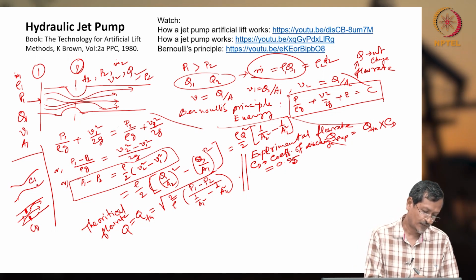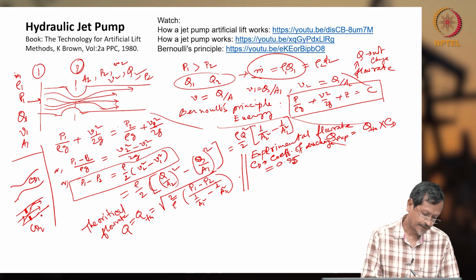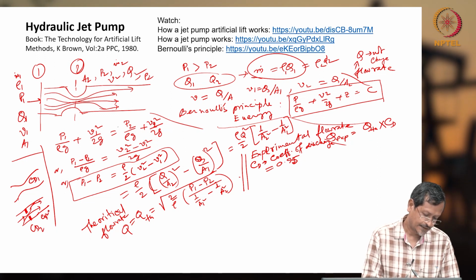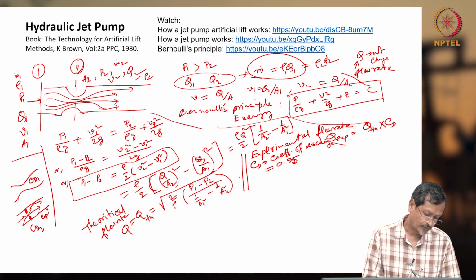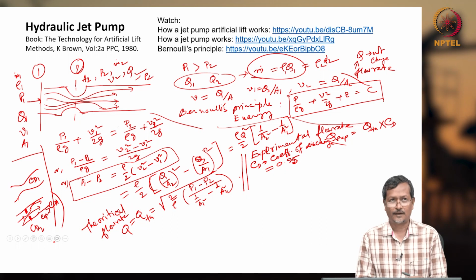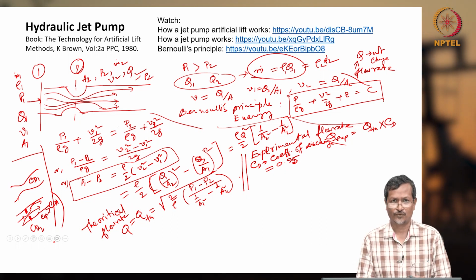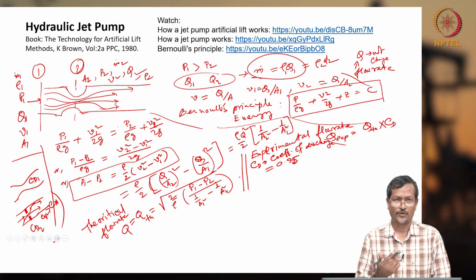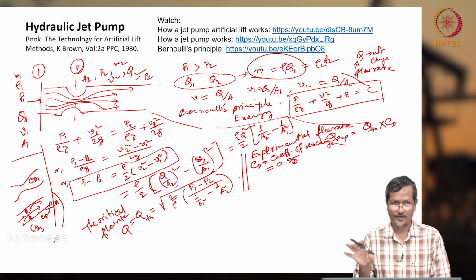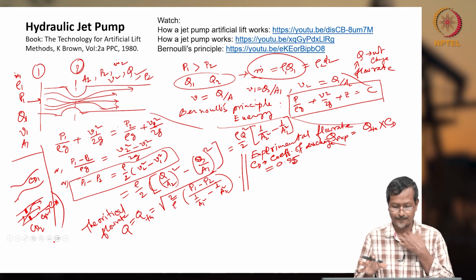Let's say CD1 and CD2. CD2 will be more than CD1 actually. So if you do not design this venturimeter restriction section properly, then your pressure drop will be more, or the flow rate will be lower.